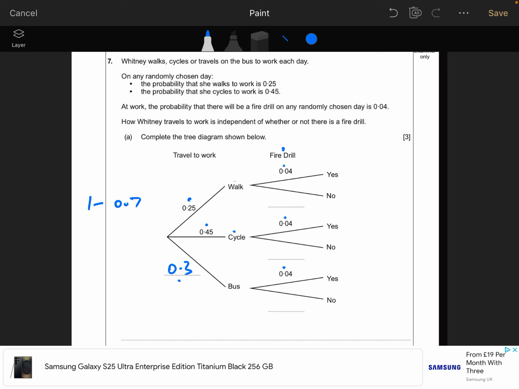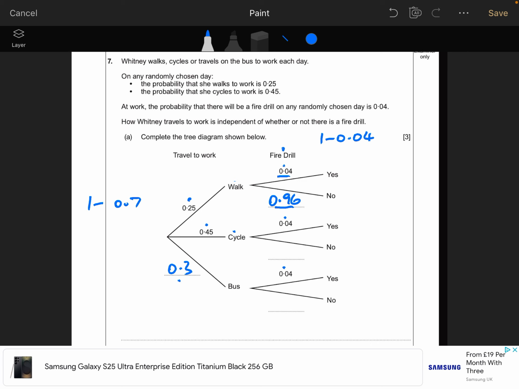Also, fire drill is slightly different here because we've got several branches all the same. So if we just concentrate on the top one to begin with, this one and this one must add up to give 1, because either there will be a fire drill or there won't be a fire drill. So 1 take away 0.04, be careful you don't put 0.6 because it's actually 0.96.